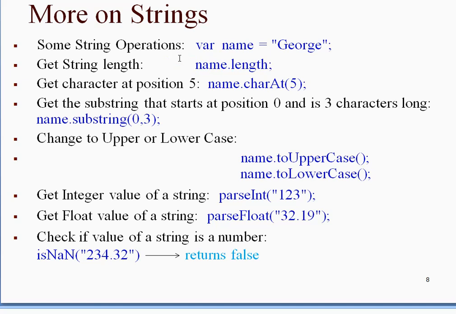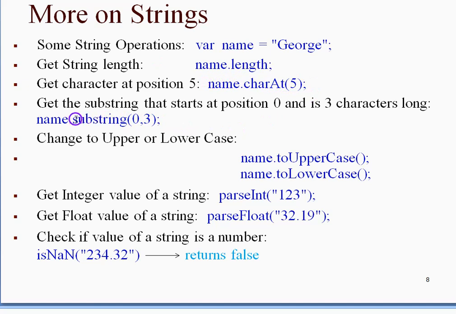Now, a string of characters normally behaves like an array of characters, and that is why operations like these, like length, like obtaining a particular character at a particular position with the function charAt, 5 means get the character at position 5.